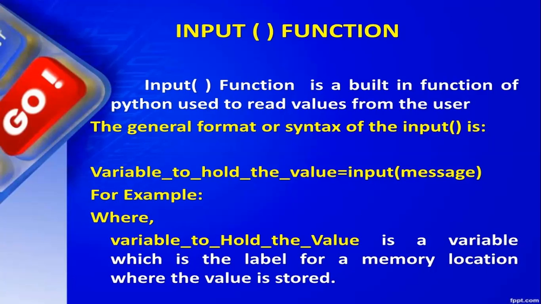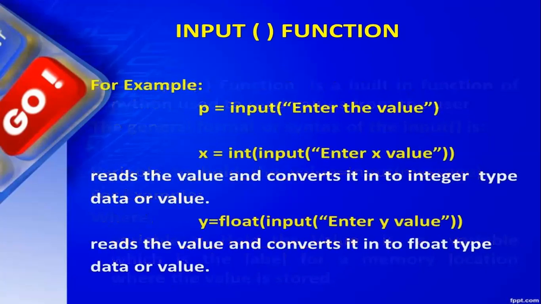That means the word message over here is a variable again. Variable to hold the value is the label for the memory location where the value will be stored. I will show you all this practically, don't worry. I just want to finish the slideshow before we go to the practical part.